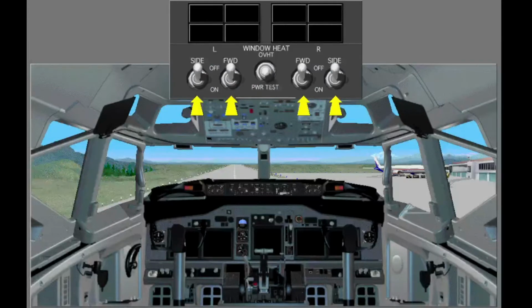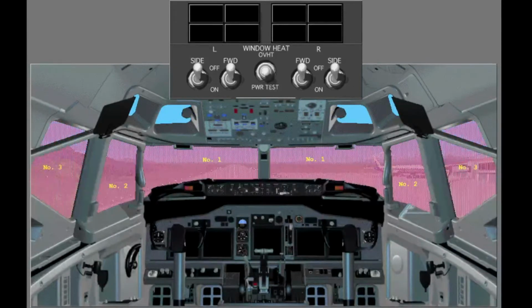You control window heat from the flight deck by window heat switches on the forward overhead panel. The switches have on and off positions. Windows number 1, 2, 3, 4, and 5 are electrically heated.